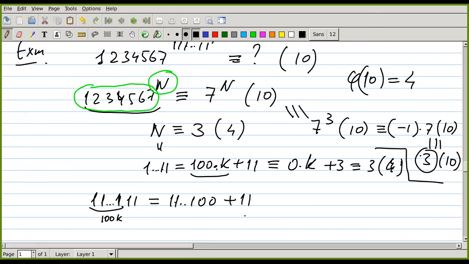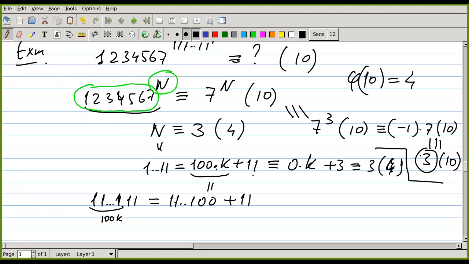Do you agree? Yes. So it is just 100 multiplied by some k plus 11. 100 is congruent to 0 modulo 4, it is divisible by 4. Whence we have just 3, as 11 is congruent to 3.